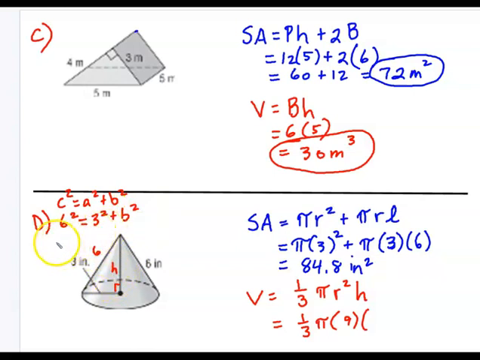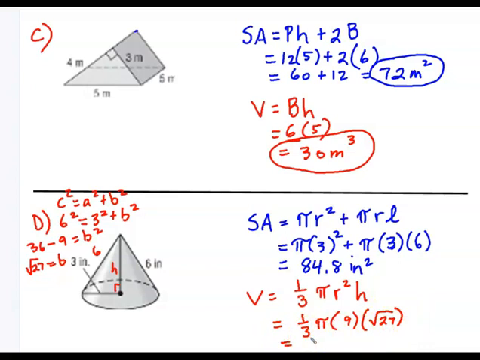So we subtract, so 36 minus 9 is going to be b squared. So it'll be the square root of 27 is going to be b. Since we're dealing in decimals, I guess I'll just go ahead and put in the square root of 27, and then we'll round in the end. That'll be a little more precise.